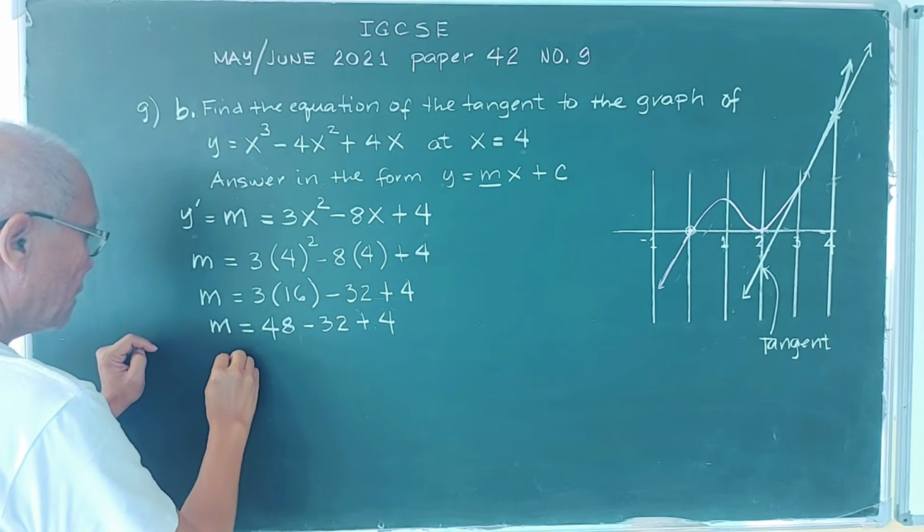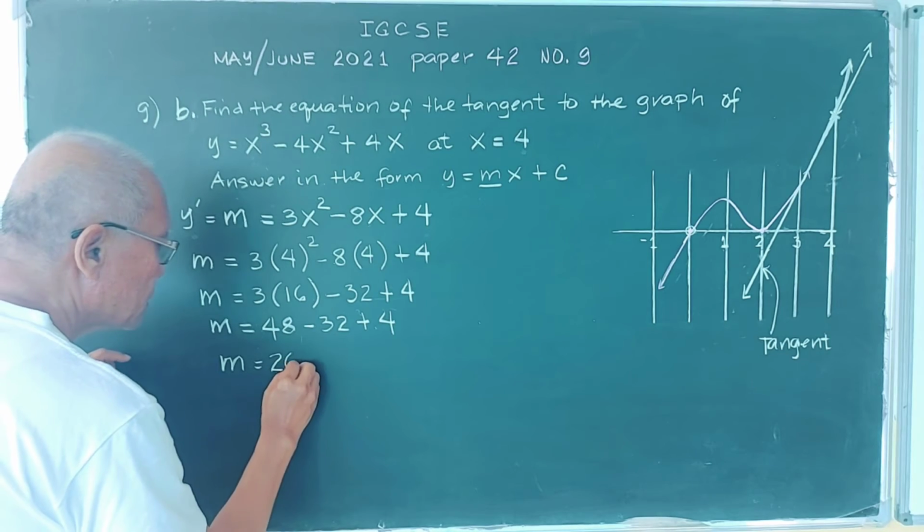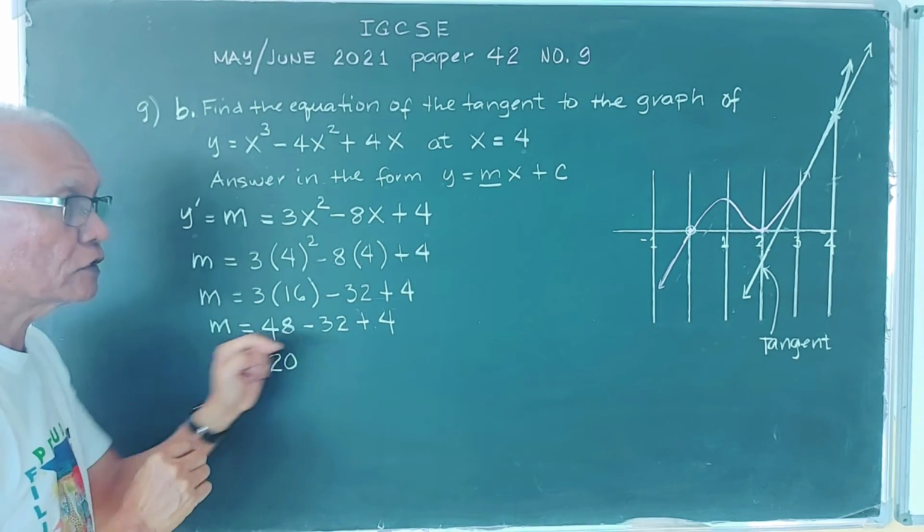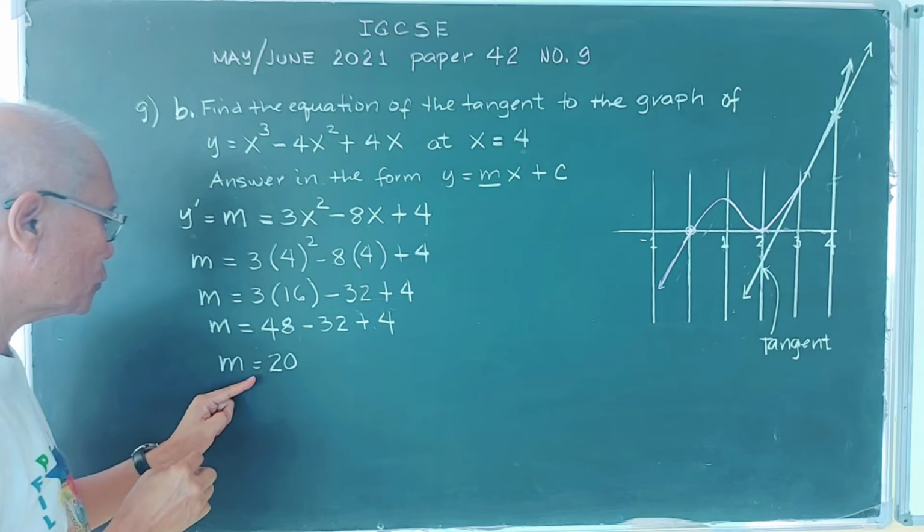And our slope is 20. So the slope of the tangent is 20.